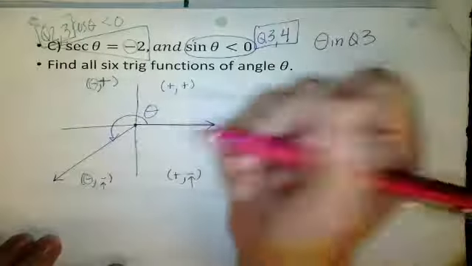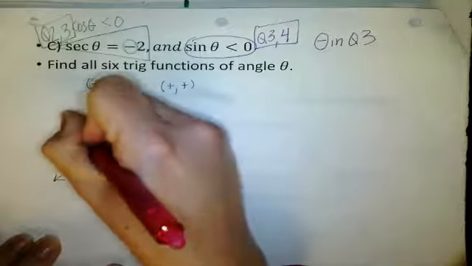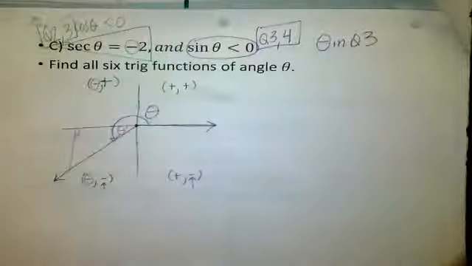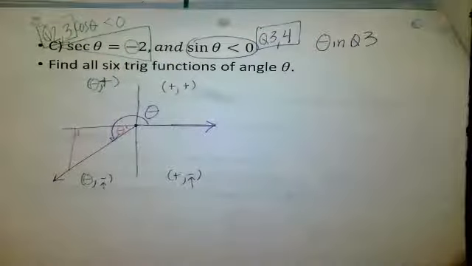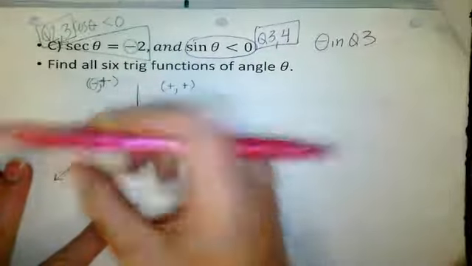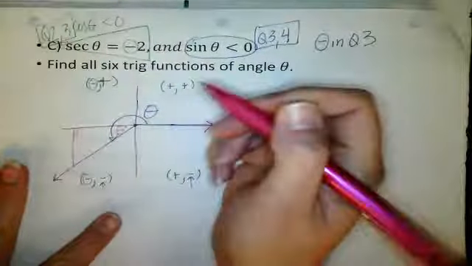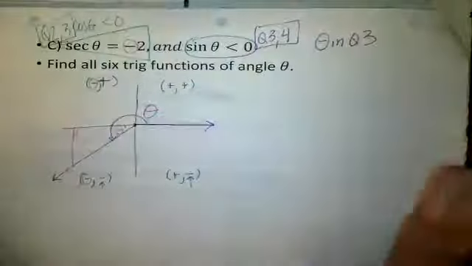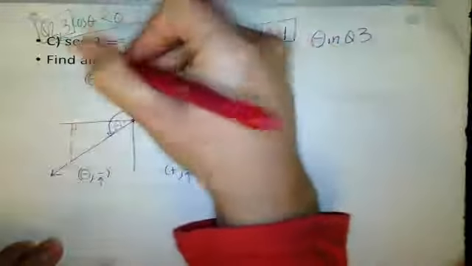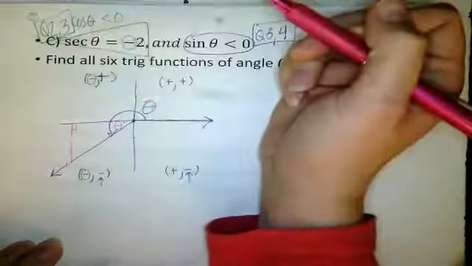And again, I'm going to drop an altitude and create my reference triangle between the x-axis and that terminal side. It's slanted. Pretend it's straight. What do I do with this secant of theta is -2?